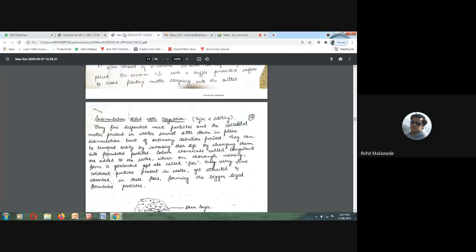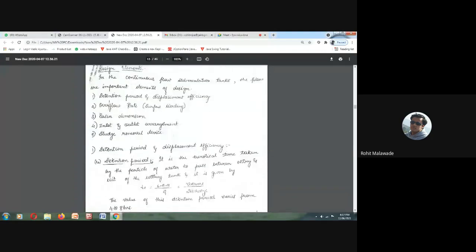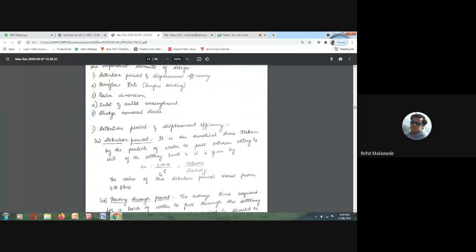Now in addition to this, we will be using some other formulas. That is, detention time is equal to volume divided by discharge.